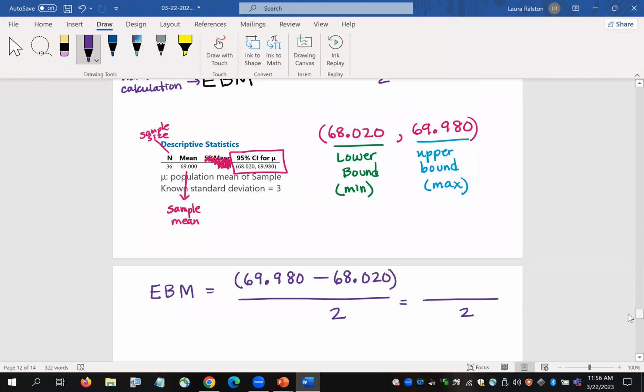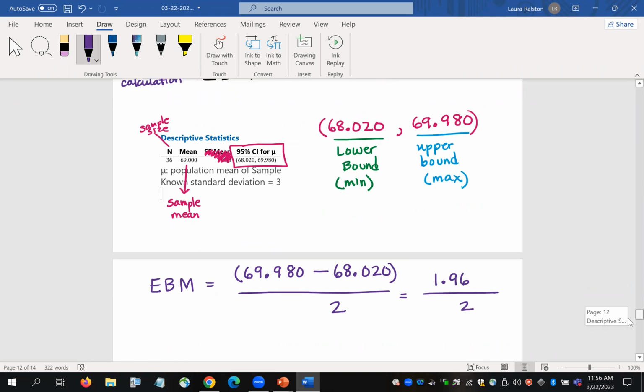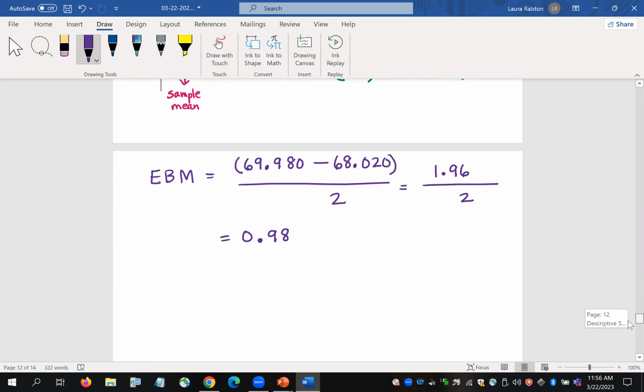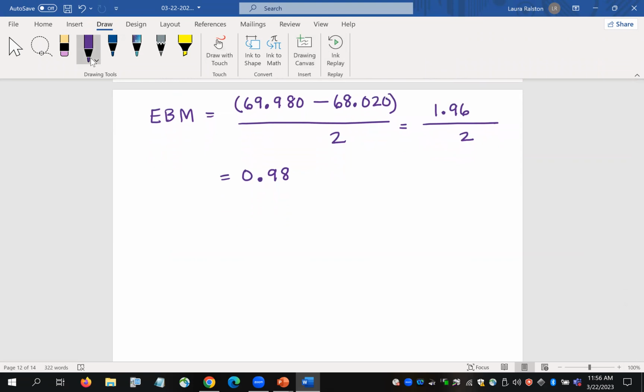We do the subtraction in the numerator first. 69.980 minus 68.020 gives me 1.96. Then I divide 1.96 by 2. So my error bound for the population mean, or my margin of error, is about 0.98 points.